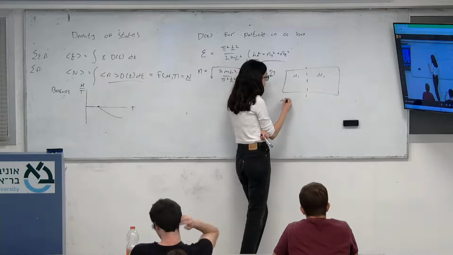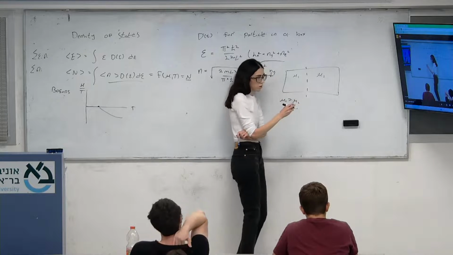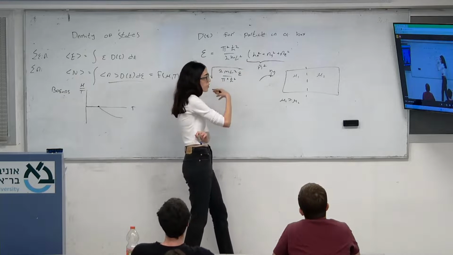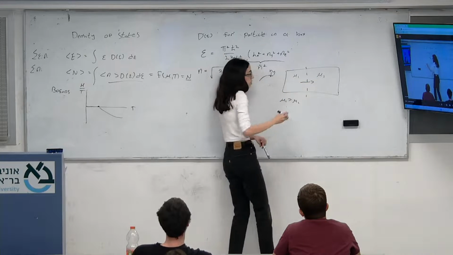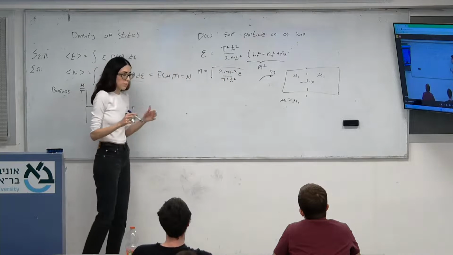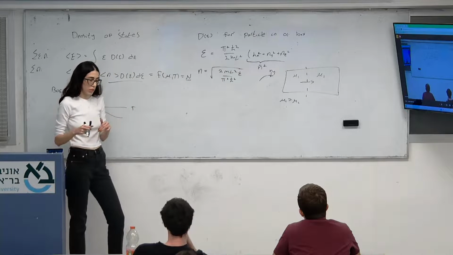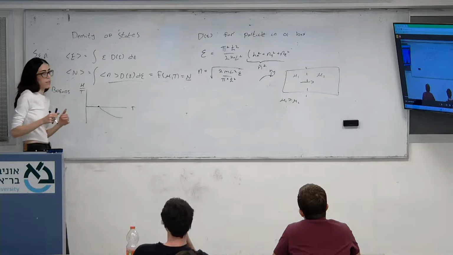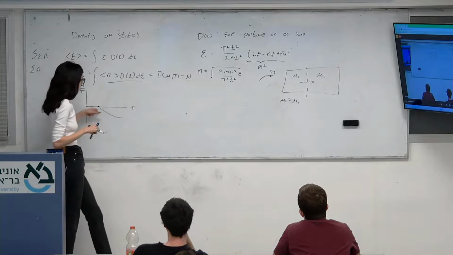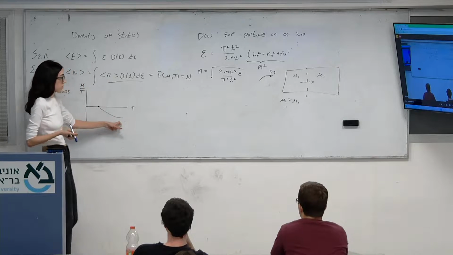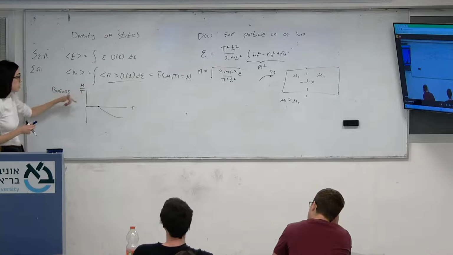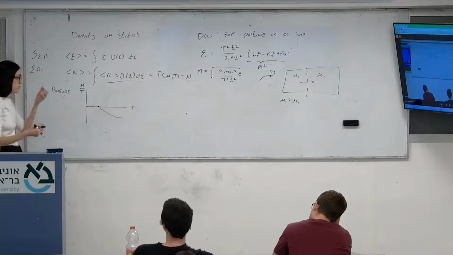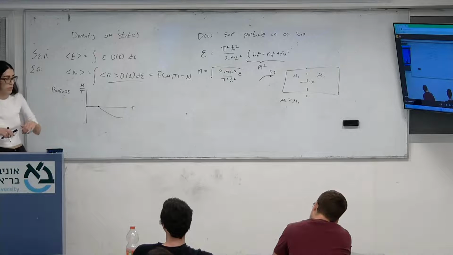If mu1 is larger than mu2, the particles want to go to the place that has the lower chemical potential, so they're going to go from here to here. So negative chemical potential is like an attractive force. If we have a negative chemical potential for bosons, it means that the bosons act like an attractive force. This makes sense when we look at the lower energy levels, because they all collapse into the same states.